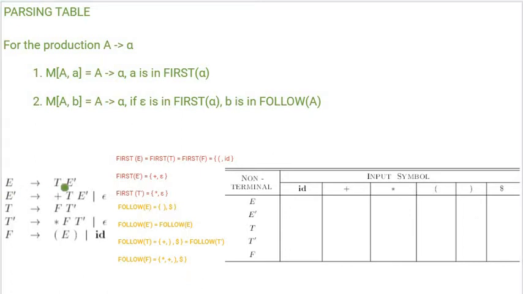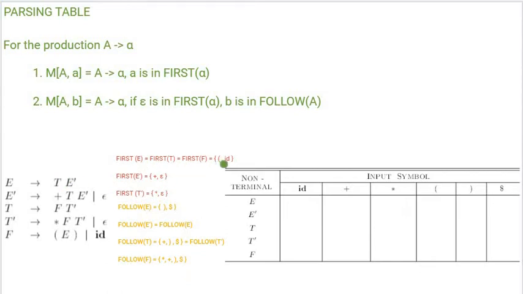E tends to TE dash. So where can we place this production? This production can be placed in those columns which we will be getting in first of T, sorry, not follow of T, first of T. That is what the first rule says, right? So what is first of T?